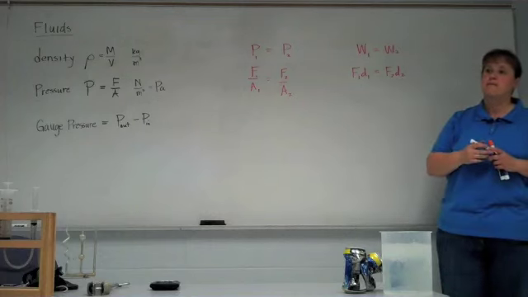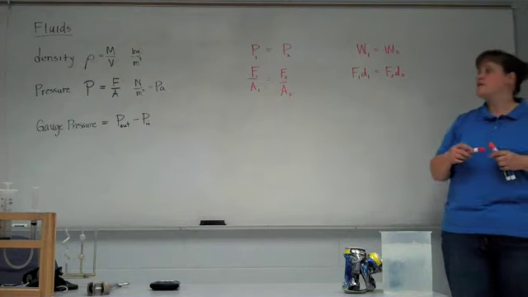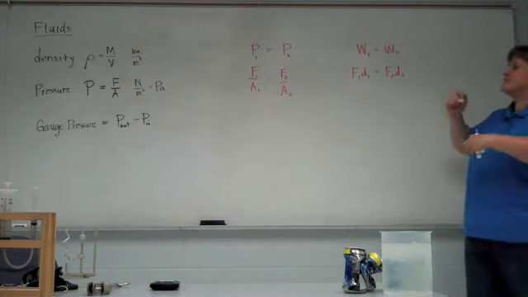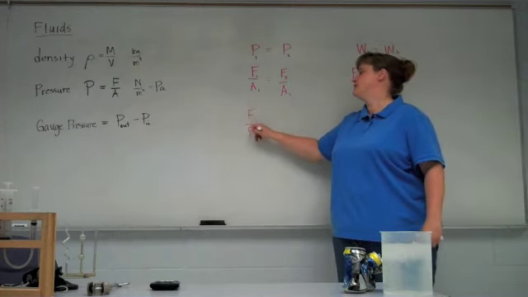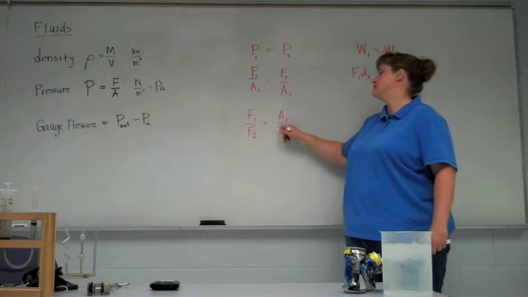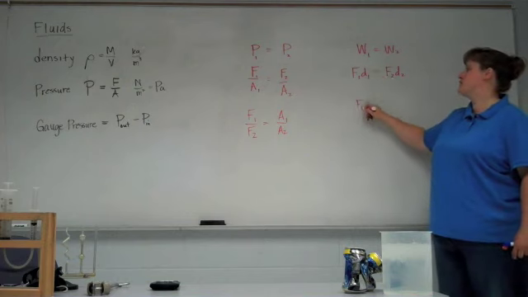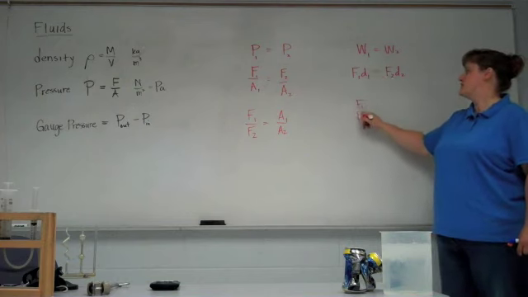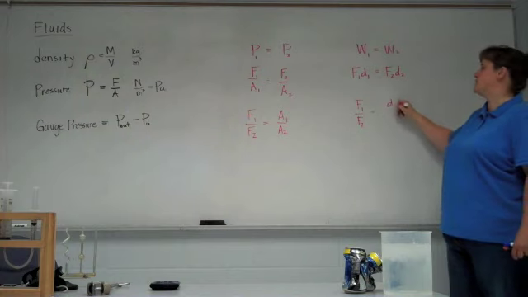Yes? What about volume? You can do it with volume as well. Yeah. If we solve this one for F1 over F2, we'll get A1 over A2. If we solve this one for force 1 over force 2, we'll get D2 over D1.